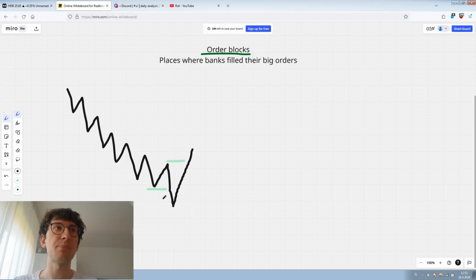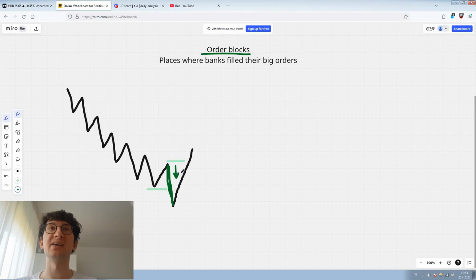Once that happened, we can see that this move downwards caused the liquidity to be swept. And in this move downwards, when the price was pushing lower, what were the banks doing?